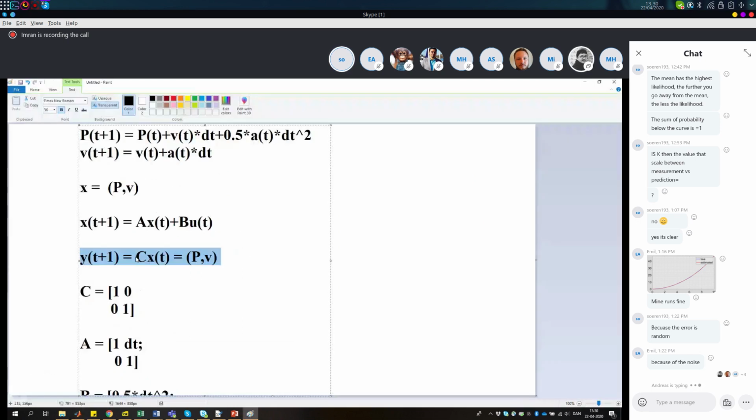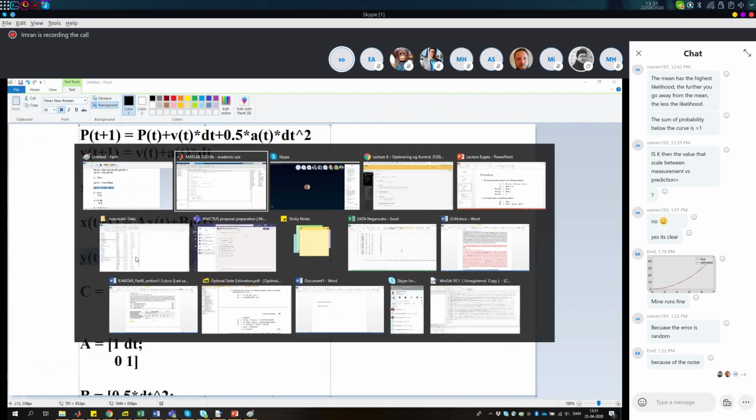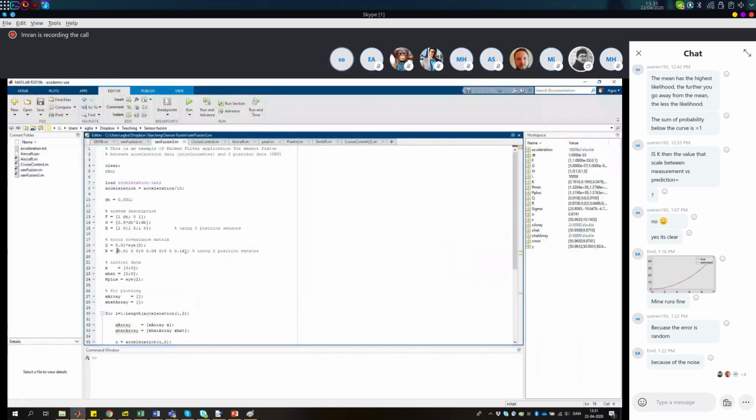Was it clear? Yeah, that part I understood. But you changed the R matrix then, which is the noise. That's what I did. This one, you mean? Yeah. We need to change this because you see here that this H, the measurement matrix, if you look into this one, the size of this matrix is 3 times 2.